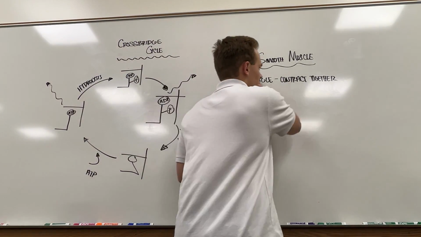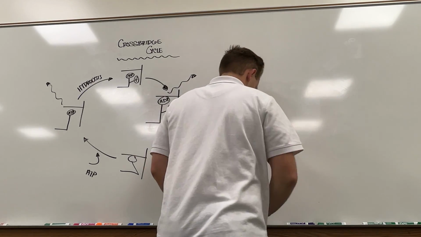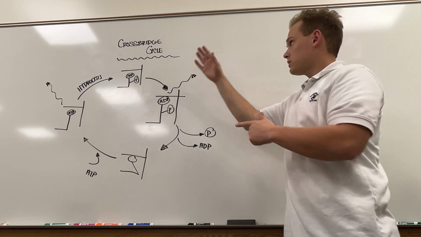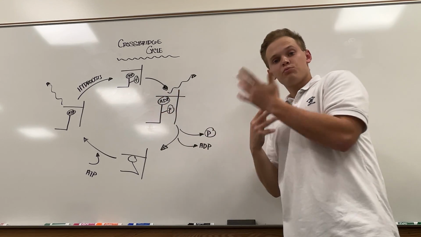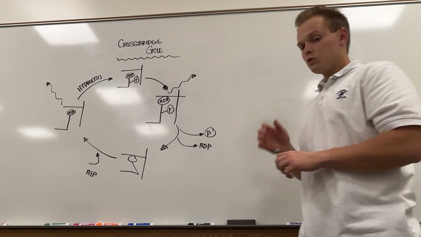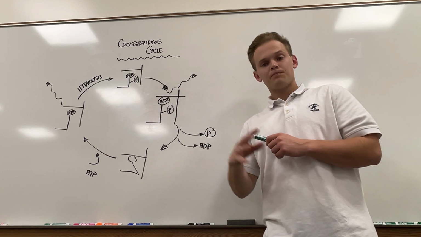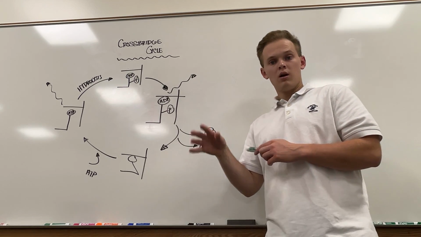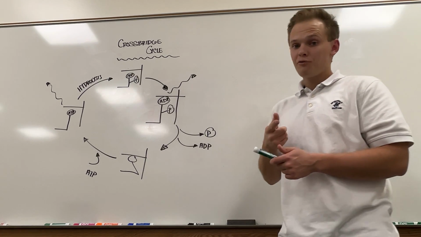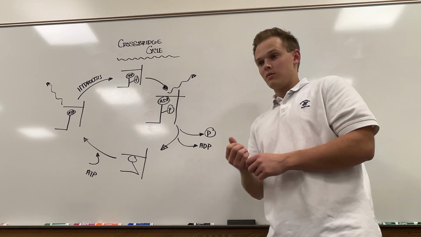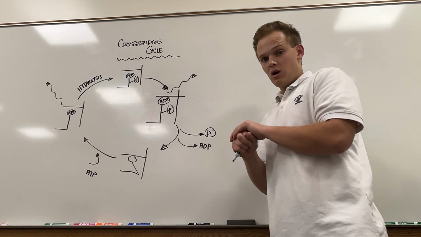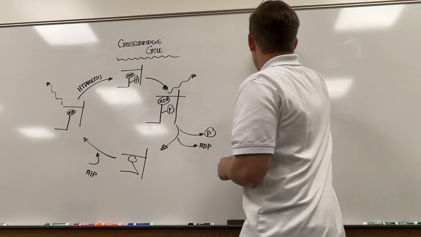Okay? Now we're going to talk about smooth muscle contraction. As you can see, I left this up here from the last one. This is skeletal muscle contraction. Smooth muscle is mostly similar, a little bit different though. So last time we talked about skeletal muscle contraction, how calcium bound to the troponin and moved the tropomyosin, all that fun stuff, right? Smooth muscle actually doesn't have troponin. So there are two enzymes that you should know.